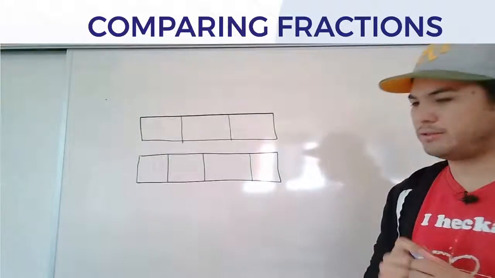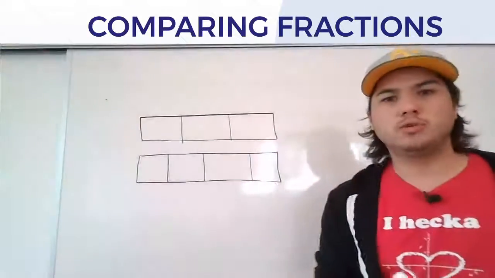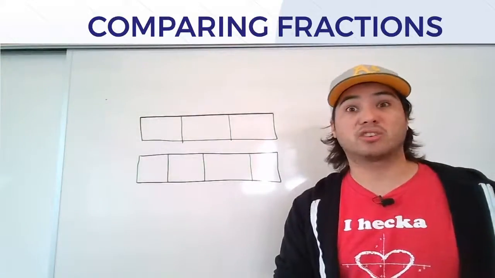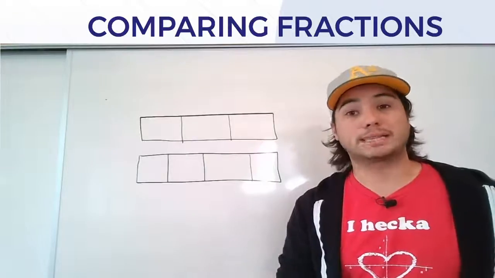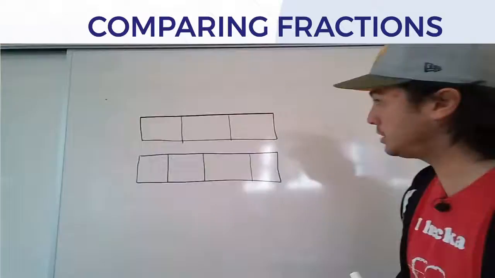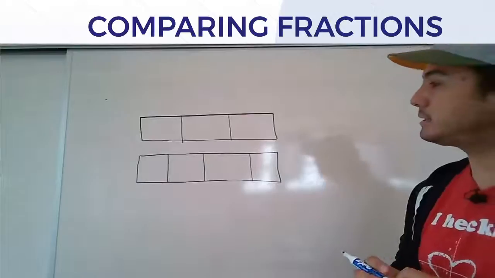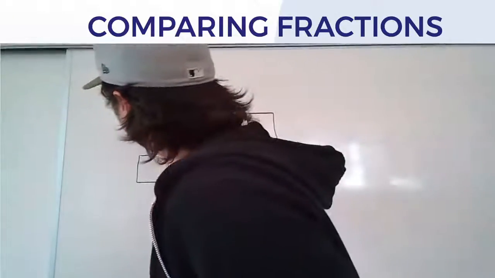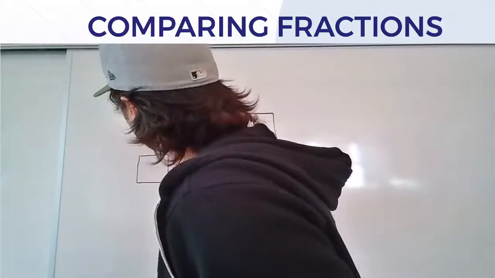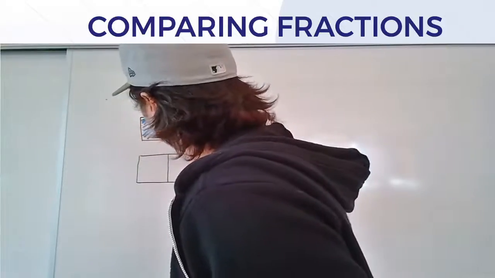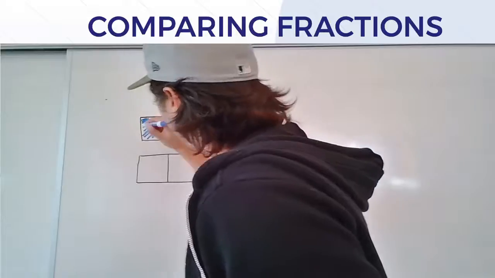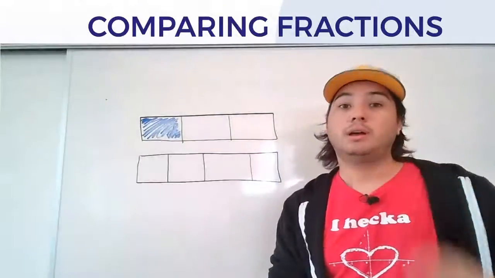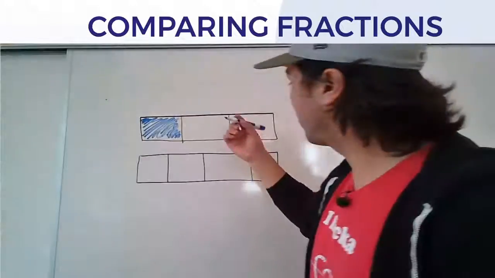And how this fits in and how we can use and visually see what fractions are greater or smaller, or greater than or less than one another, is by using these fractions bars. So let's take 1/3, perhaps. We're going to color it in here. This 1 divided up into 3 pieces, and we have 1 of the pieces, or 1/3.